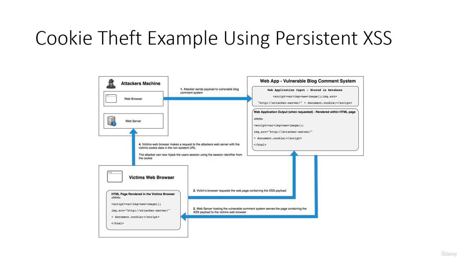The web server serves the page containing the XSS payload to the victim's web browser. The victim's web browser executes the JavaScript payload and a request to load an image containing the victim's cookie data is made to the attacker's web server. The attacker now has the victim's session identifier, allowing the attacker to perform session hijacking.